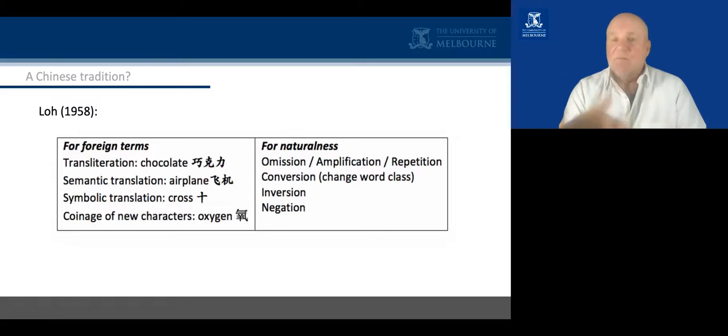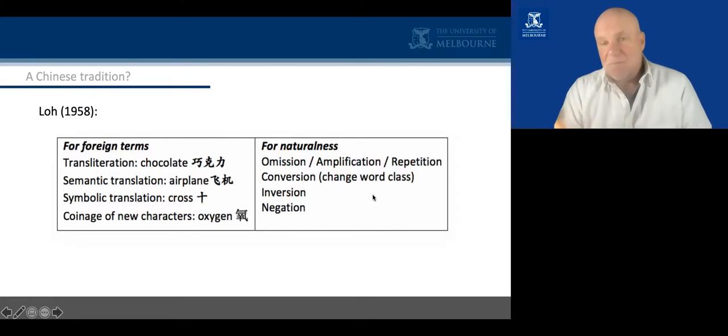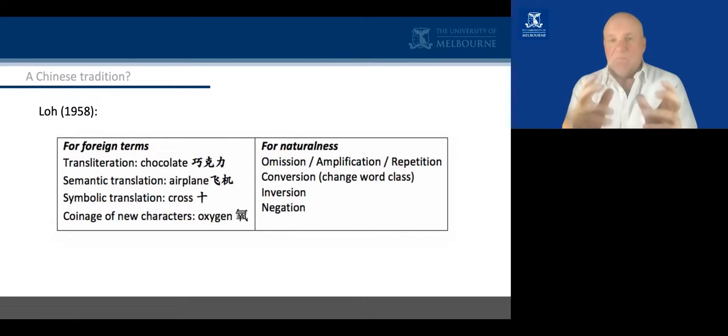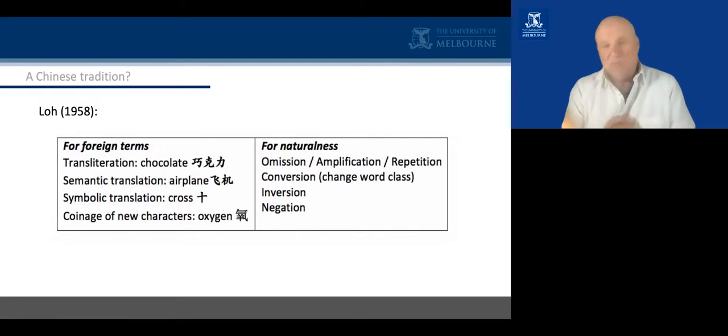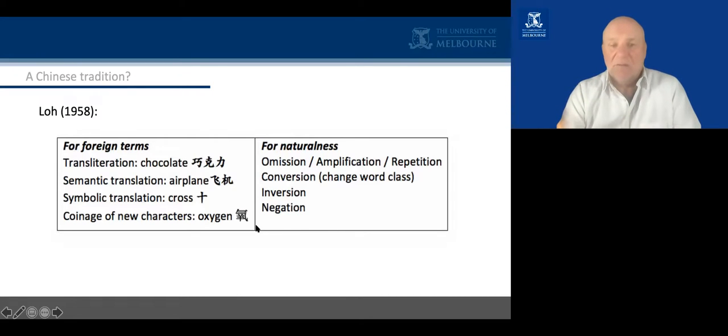It's got the characters, so that gives more options. And then he's got lots of different ways for preserving naturalness. And you can see the binarism there. You've got that set of things you can do and that set of things you can do. But there are lots and lots of things you can do there. And that's what interests me. That's what I think is most useful for translators.